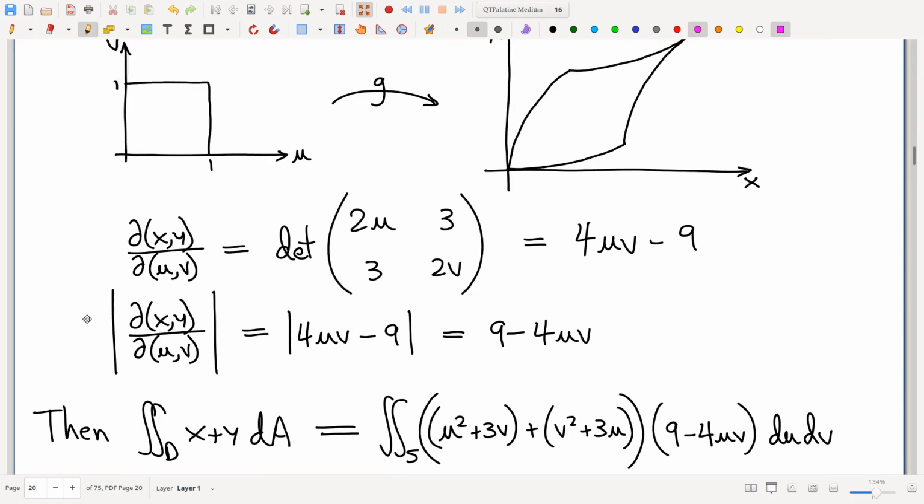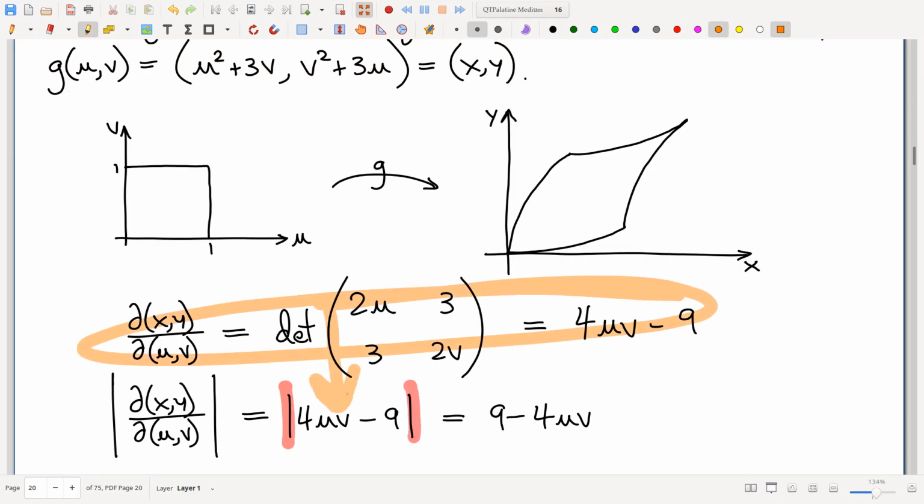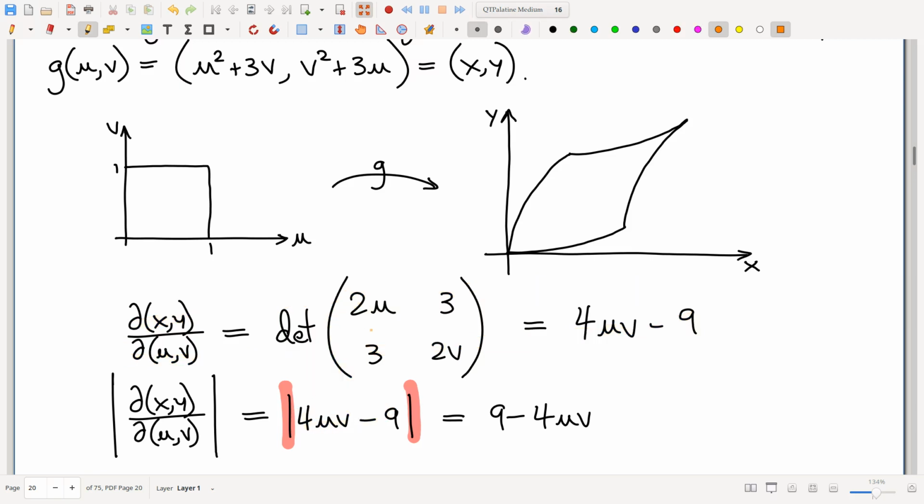So now I've got to figure out, how do I take the absolute value of this Jacobian determinant that I just got through computing? How do I find the absolute value of 4uv minus 9? And at a glance, this looks like, oh gosh, what am I going to do with this? Is there some algebraic trickery that I can pull that will help me?